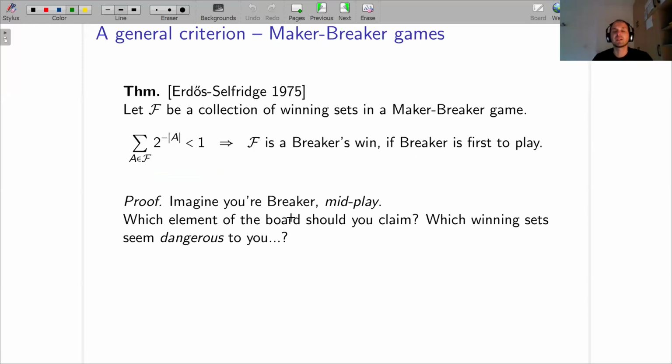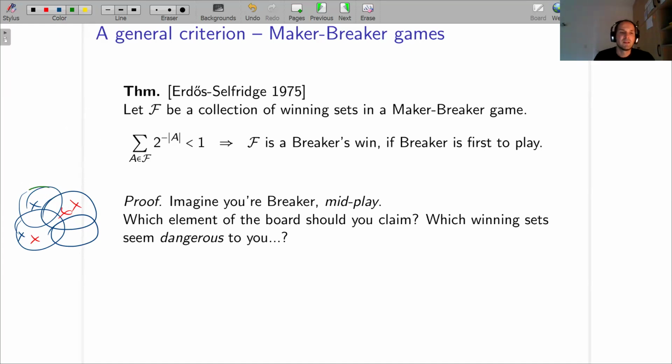If you're a breaker playing a positional game, and some elements are already played, maybe this one and this one are blue, and now we're playing as breaker, which of these winning sets are dangerous and which are not?